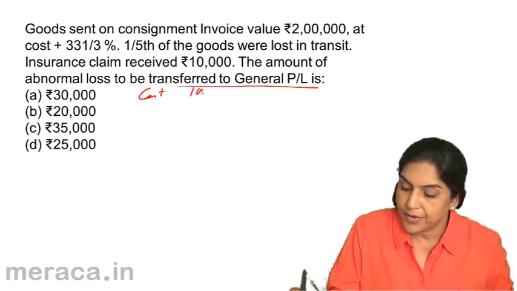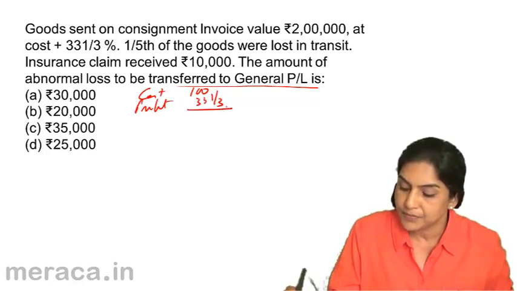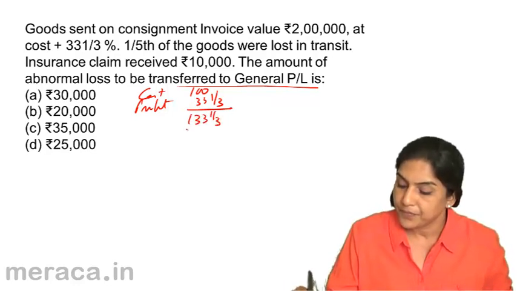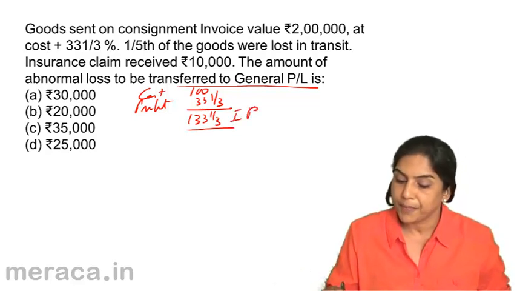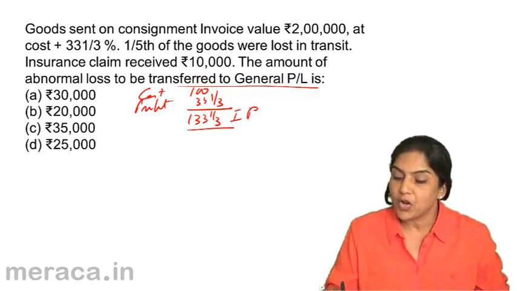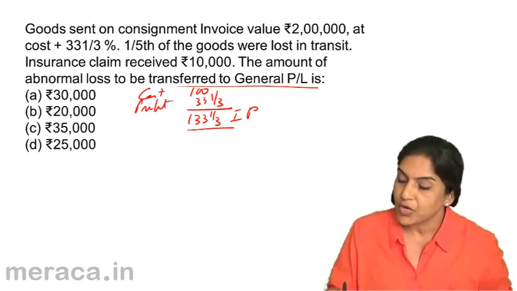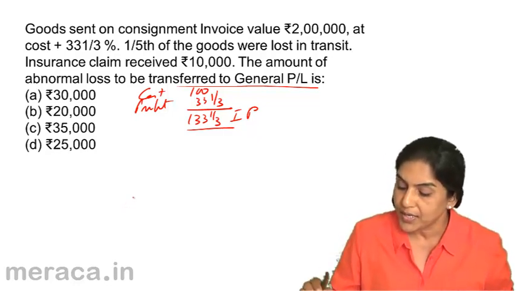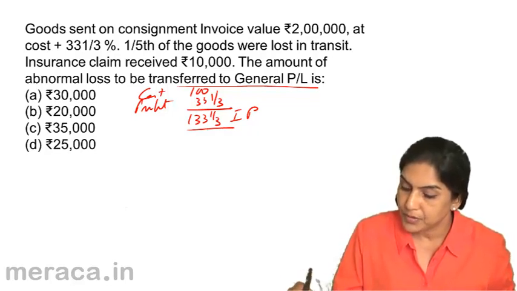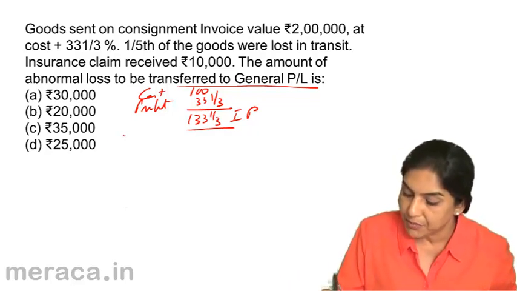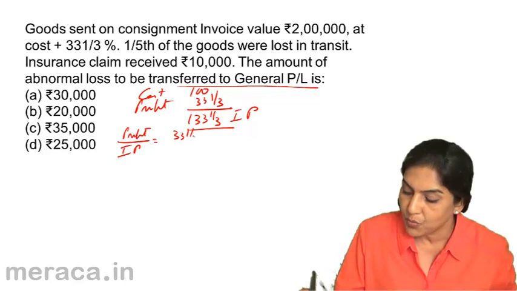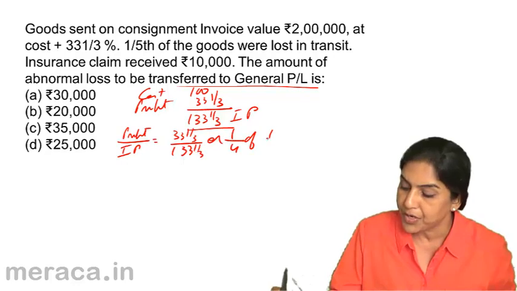Cost 100, profit 33 1/3. So 133 1/3 is the invoice price. Now 1/5 of the goods were lost in transit. Invoice price is 2 lakh. Therefore, if we take profit on invoice price, we get 33 1/3 by 133 1/3, or 1 by 4 of invoice price.